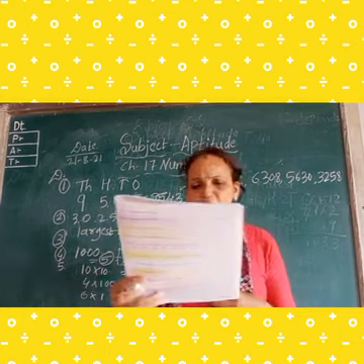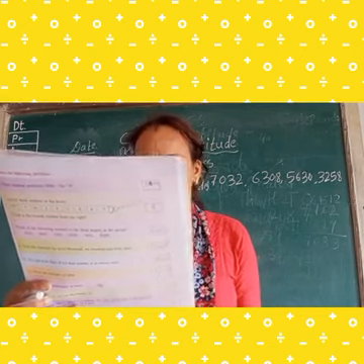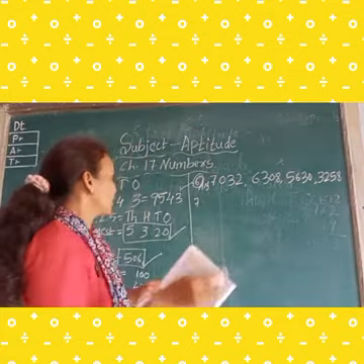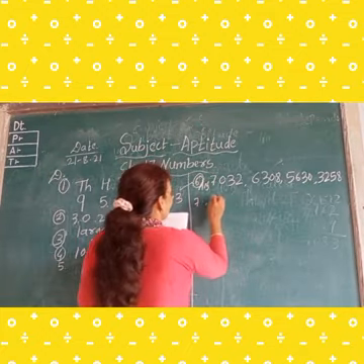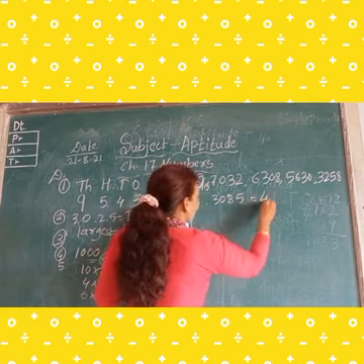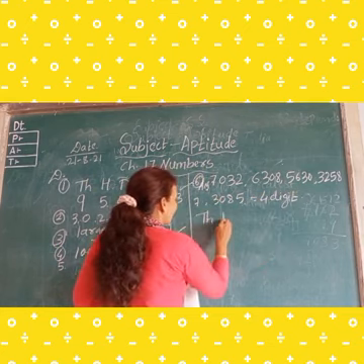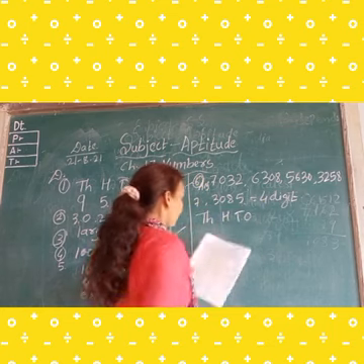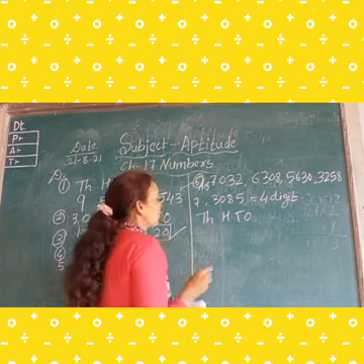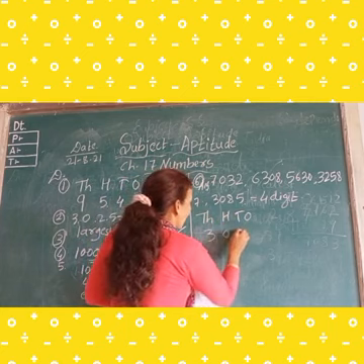Number 7. I am the smallest 4-digit number made up of 3, 0, 8, 5. My neighbor is the 4-digit number made up of the same digits. Identify my number. So here students, they gave the number 3085, 4-digit. First we will make the smallest number: 3058.